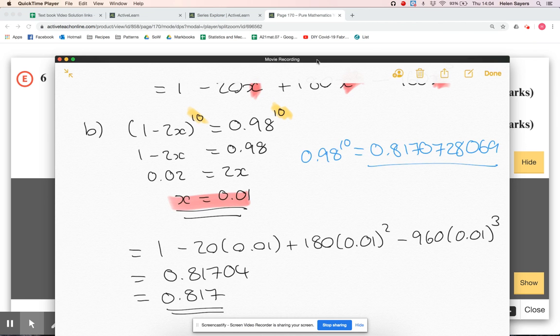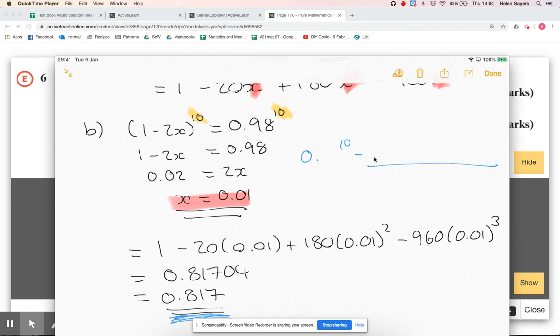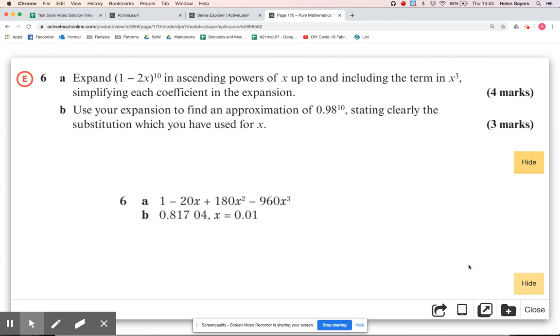So that's why you've got to really show your working, because if all you've got is 0.817, for all they know, you just typed that into your calculator. I wouldn't actually even write that down. I would just put that into my calculator just to check that my answer was close. And in fact, on that note, let's check that we are correct. Yeah, so they need to see the value of x and then that value written down.